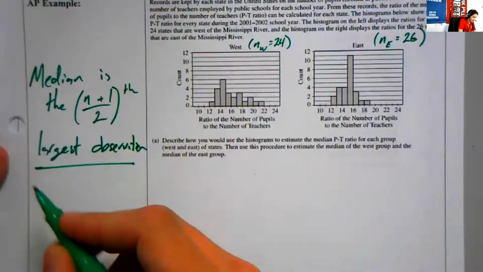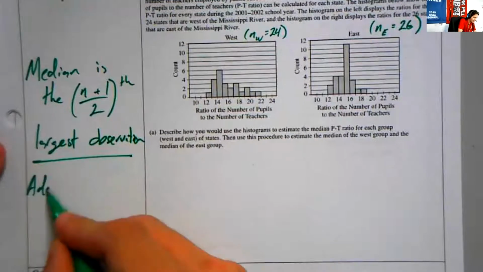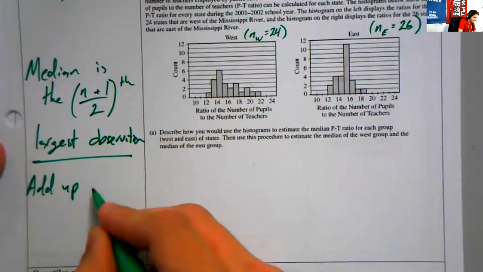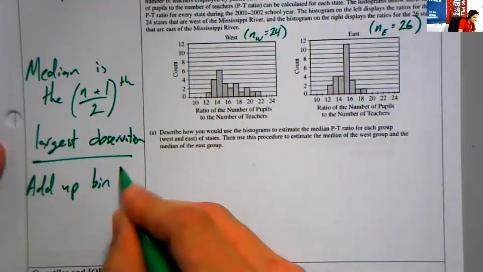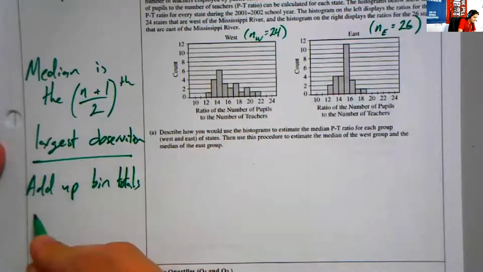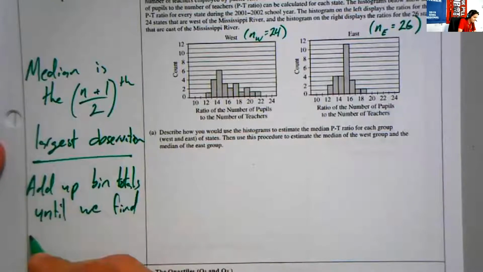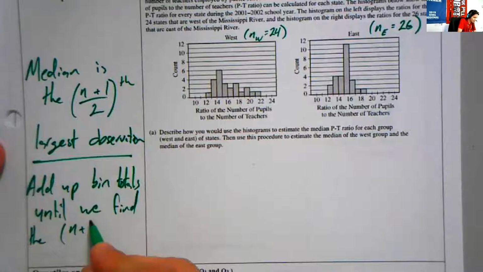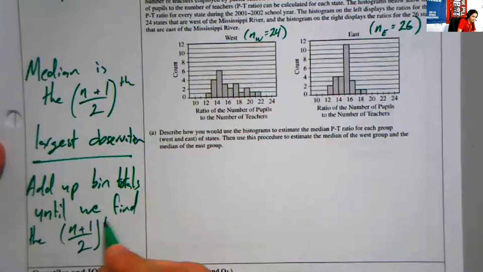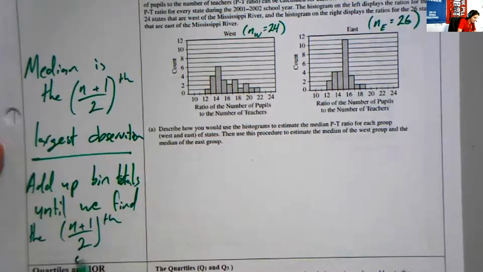In a histogram, we're going to add up bin totals until we find the (n plus 1) over 2 measurement, or observation.